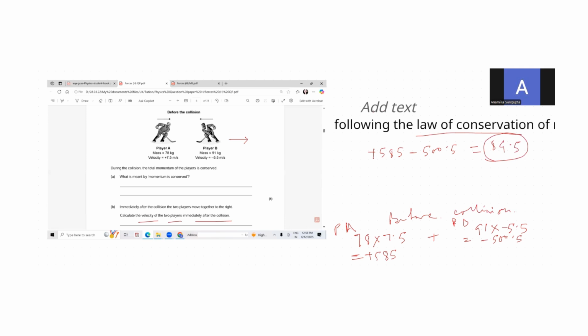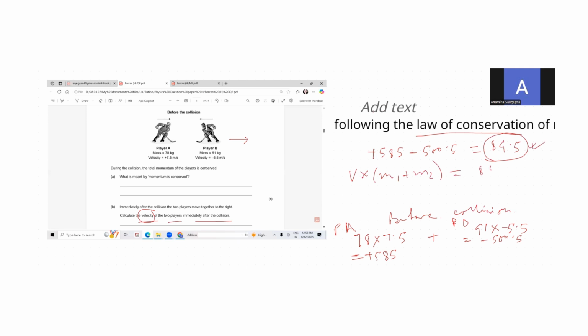So what we have to calculate here is the velocity. Let us assume that the final velocity after collision is v. What will our final momentum after the collision be? It will be v multiplied by m1 plus m2, which will be equal to the momentum which we calculated before the collision, which is 84.5.